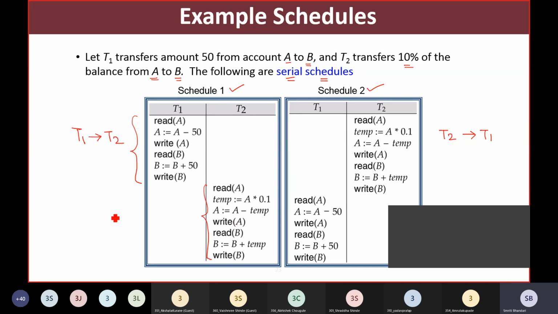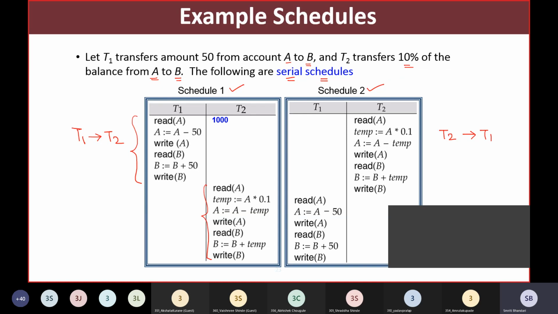Both the schedules are valid. Those are serial schedules. So let us see now the execution of schedule 1 and schedule 2. Both are serial schedules and both are valid.